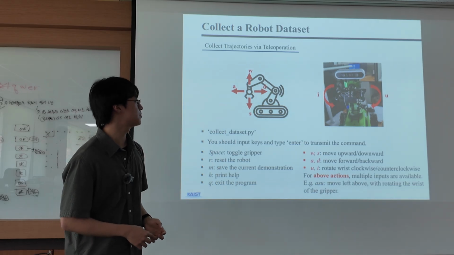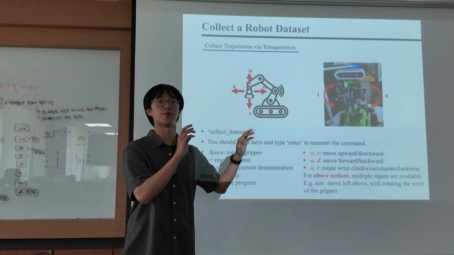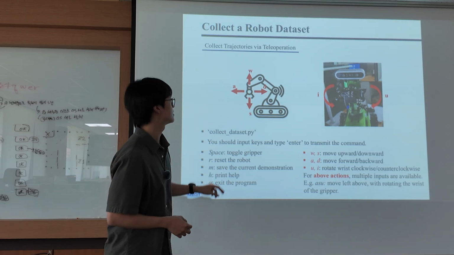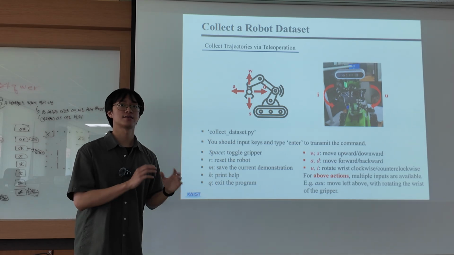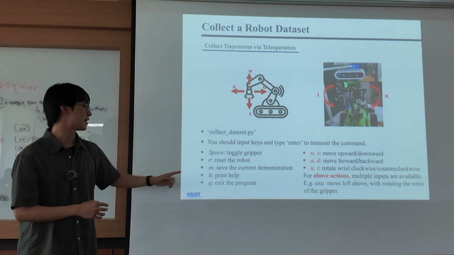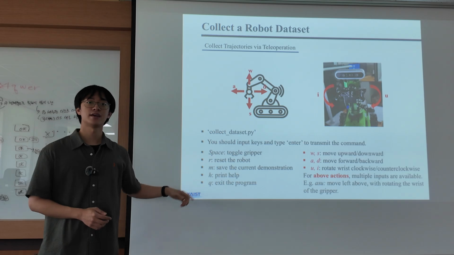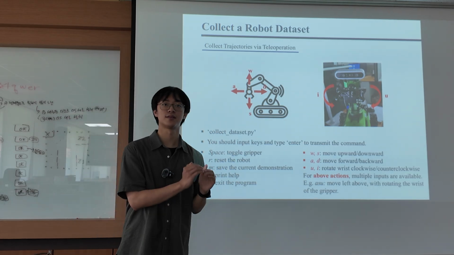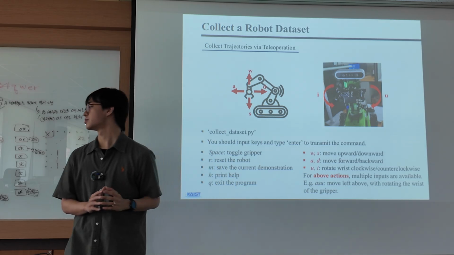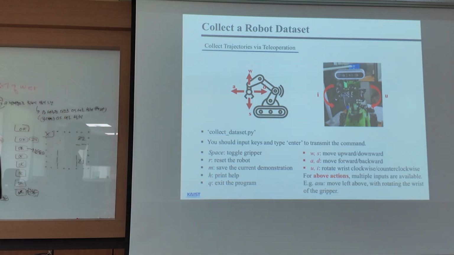So the principle is that whenever you type these actions, the data set is collected autonomously. And when you press the M button, you will save the trajectory of one episode to one pickle file.